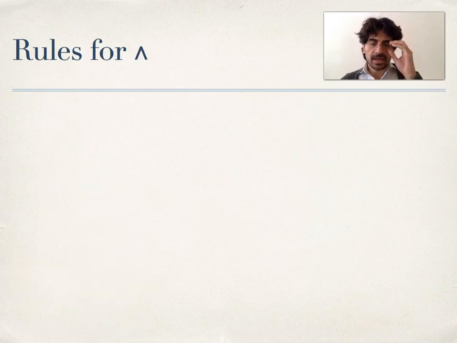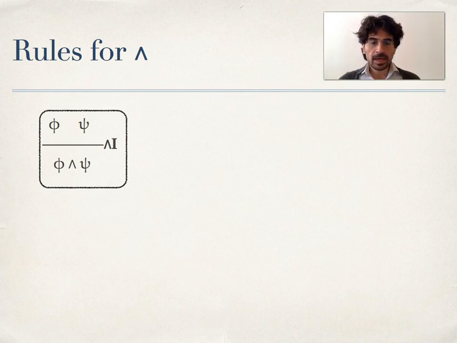Another rule that is quite simple but more difficult than the rule for reiteration are the rules for the connective conjunction. And these rules are divided into introduction and elimination rules, and we will see in a second what that means. This is the rule for introduction of the conjunction, or conjunction introduction.